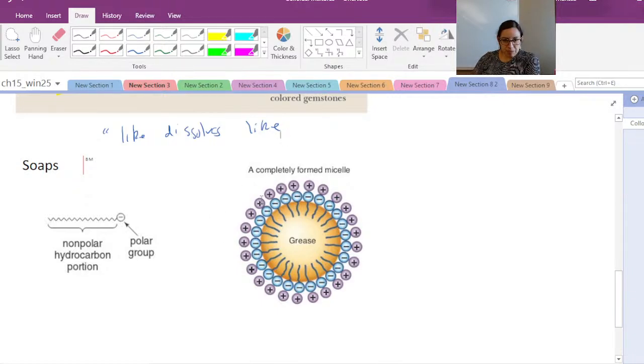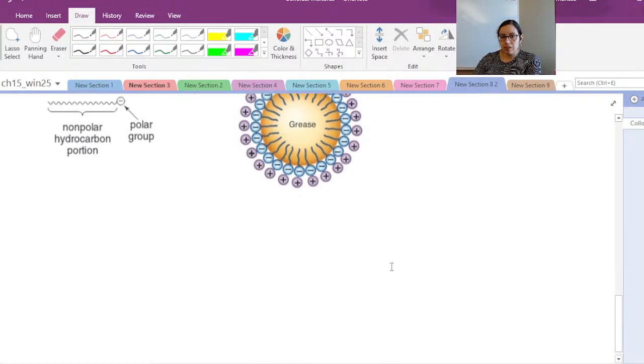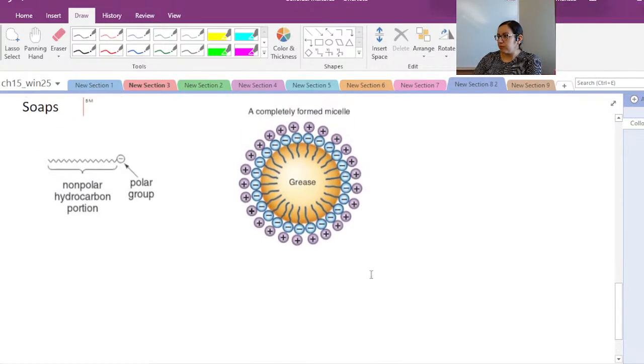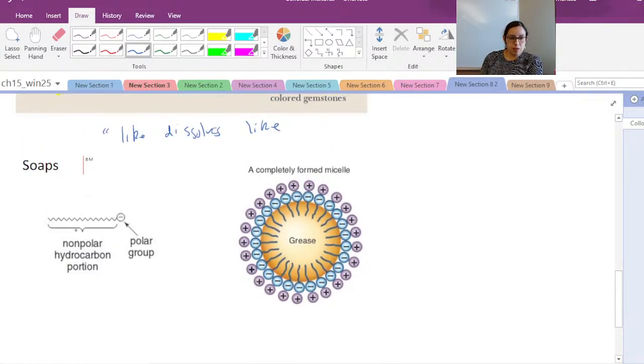But we can look at how a soap works. Do people know what soaps are made out of? Yeah. Typically, they have a polar head and a non-polar head, or a hydrophobic and a hydrophilic head. But do you know where the hydrophobic part comes from?